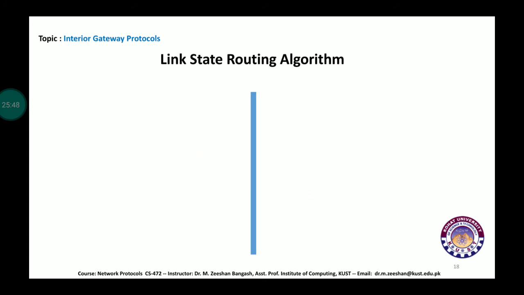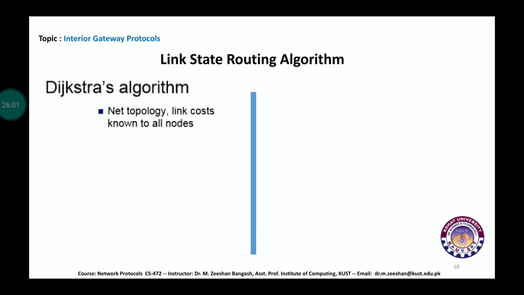Now let's look into the link state routing algorithm, that's the Dijkstra algorithm, and how it performs its operation. In the first phase, the network topology and the link cost are known to all the nodes, so that's a sort of prerequisite.